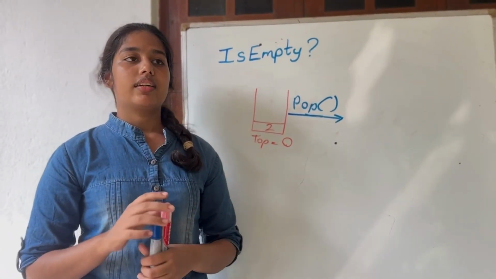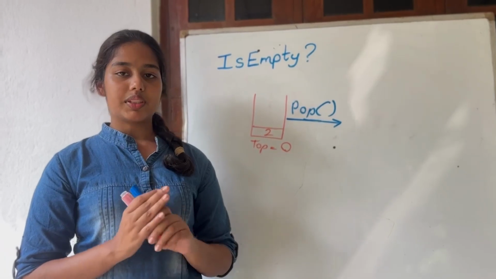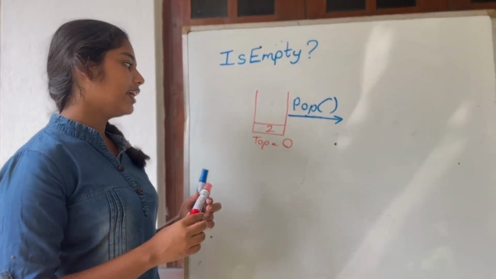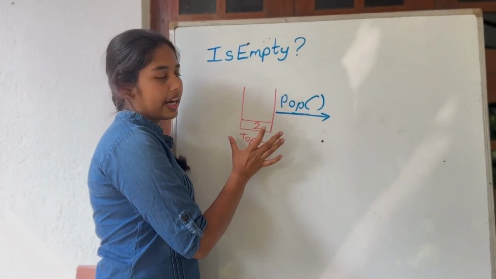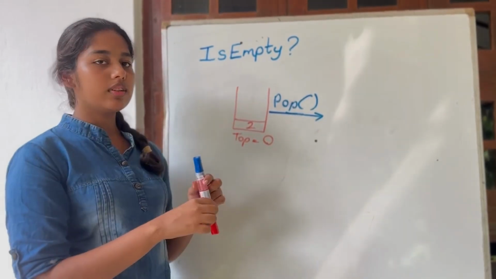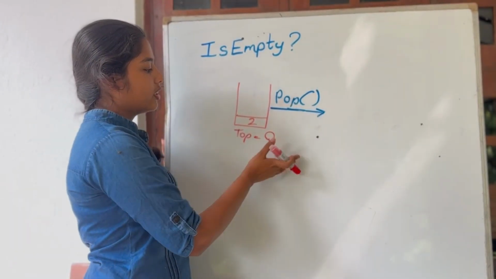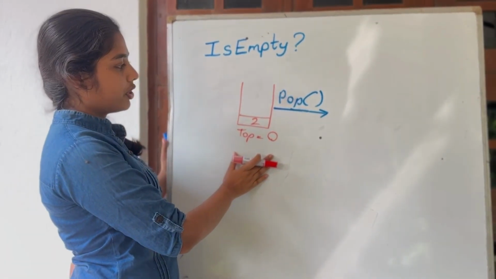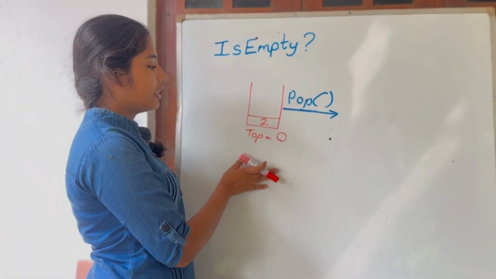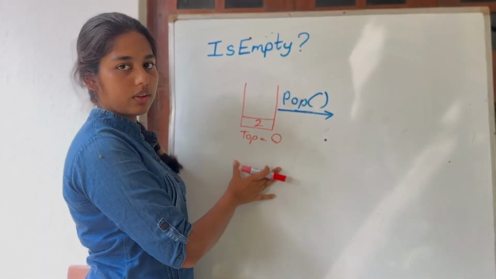Here our last operation is the is empty operation. When we are doing a pop operation, we have to check whether the stack is empty or not. As an example, here we have an ArrayStack. So I'm going to do a pop operation on this stack. Before doing the pop operation, we have to check whether the stack is empty or not.